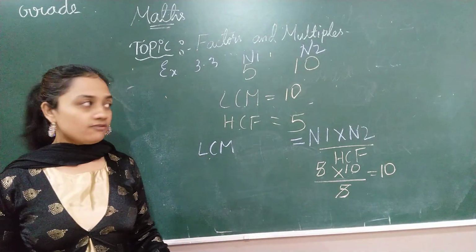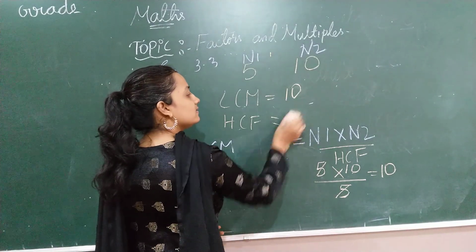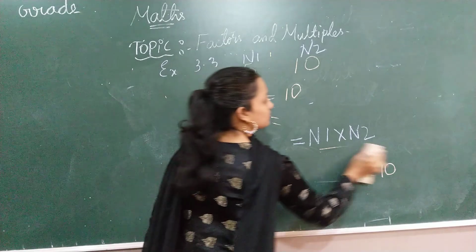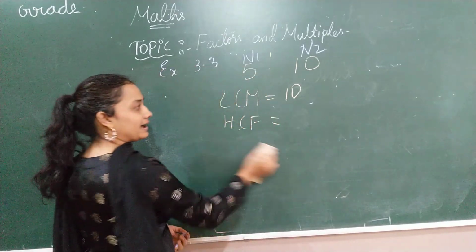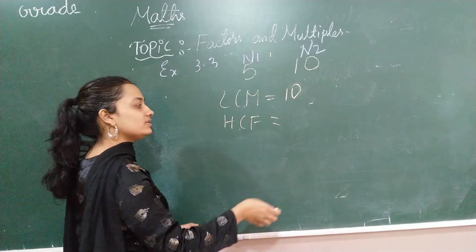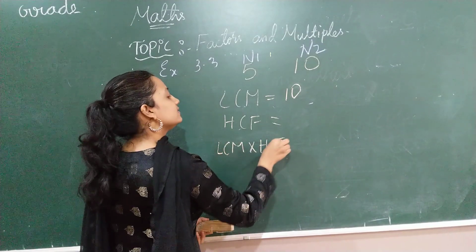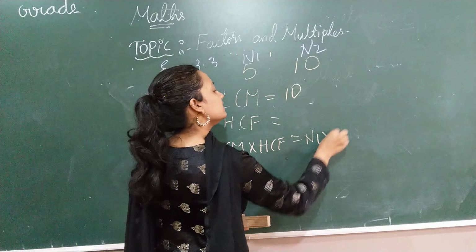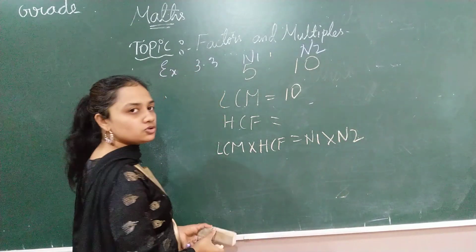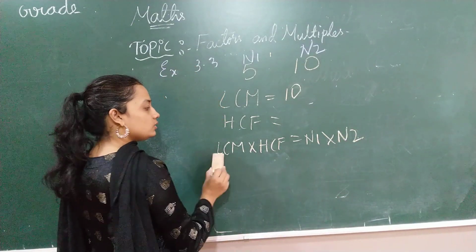Same thing if I don't know the HCF. If I don't know the HCF now, I want to find my HCF. Use the same formula. LCM into HCF is equal to N1 into N2. Now what do I want to find? HCF. So what did I do?